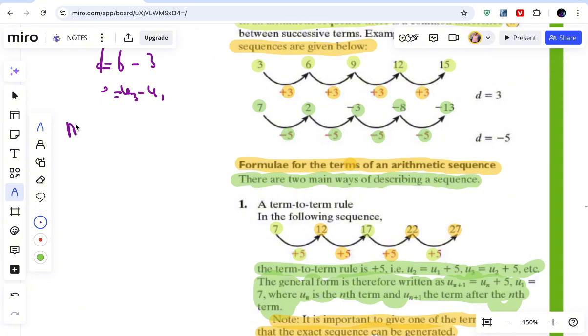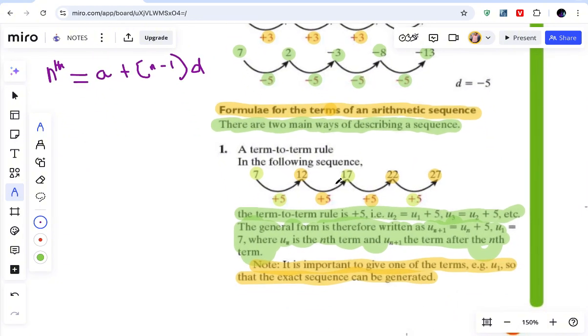The nth term is given as A plus bracket n minus 1, times D, where A is the first term, and n minus 1 is multiplied by the common difference. We use this formula to calculate the nth term. We're also going to follow this author's formula of calculating the nth term in the sequence.